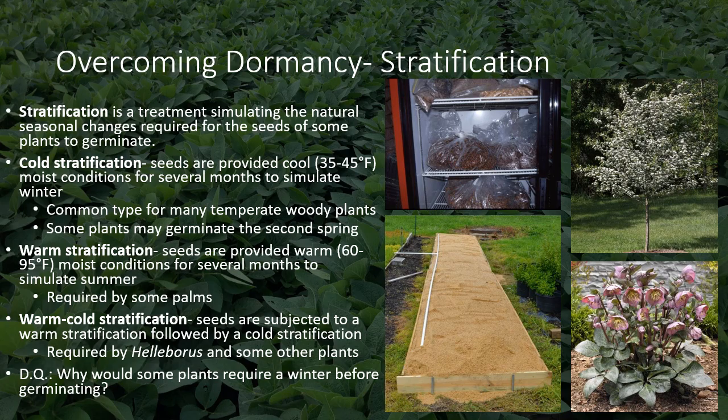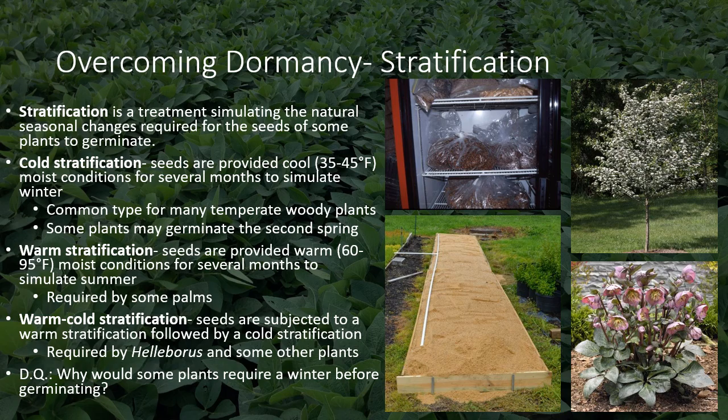We can mimic that natural process that occurs in nature with a refrigerator. For cold stratification, you've got to provide cool, moist conditions for several months to simulate a winter. Cool would be defined as 35 to 45 degrees Fahrenheit. 32 degrees is freezing, and at that point, water starts to transition to a solid.